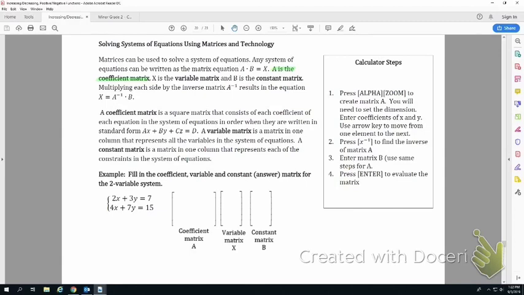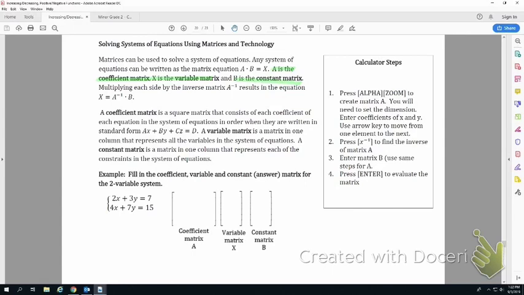X is the variable matrix. B is the constant matrix. Multiplying each side by the inverse of A results in the equation X equals the inverse of A times B. Alright, so let's dive into each individual matrix and look at what makes them.